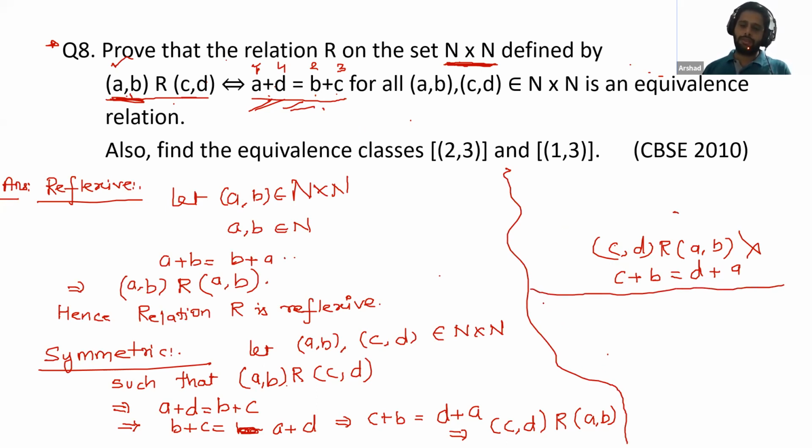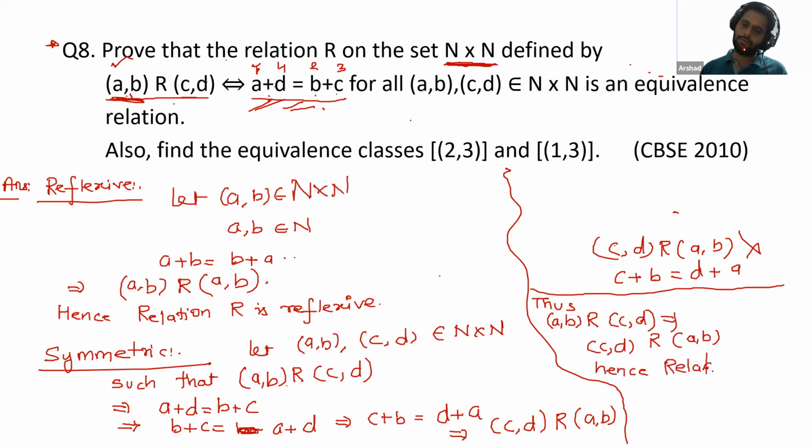Just write the same thing, that A comma B is related with C comma D. This implies C comma D is related with A comma B. Hence relation R is symmetric.